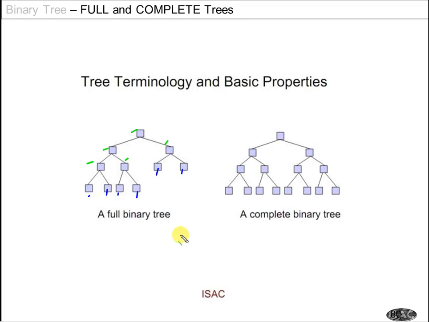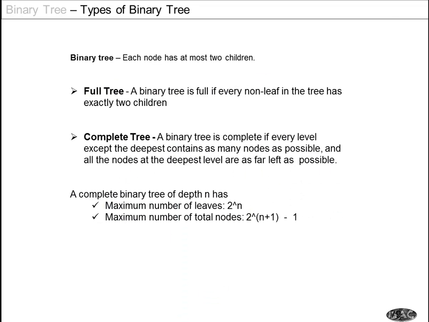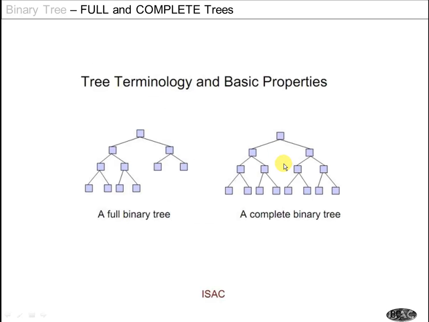Now check out what is a complete binary tree. A binary tree is complete if every level except the deepest contains as many nodes as possible and all the nodes at the deepest level are as far left as possible. So what is the deepest level?